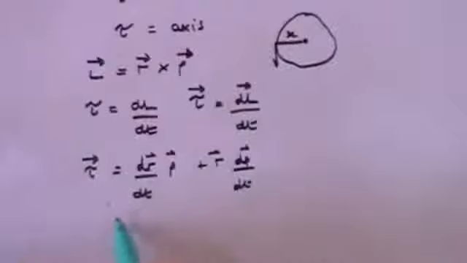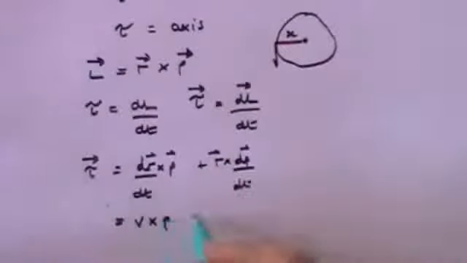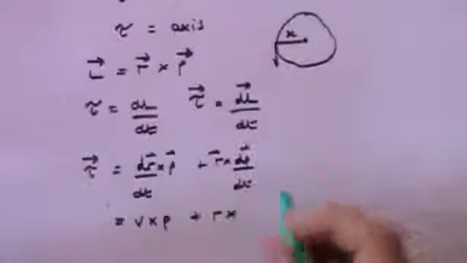Well, what is dr by dt? That's distance divided by time, that's velocity. So now we get V cross P plus R cross, what's dP by dt? What is the rate of change of momentum?